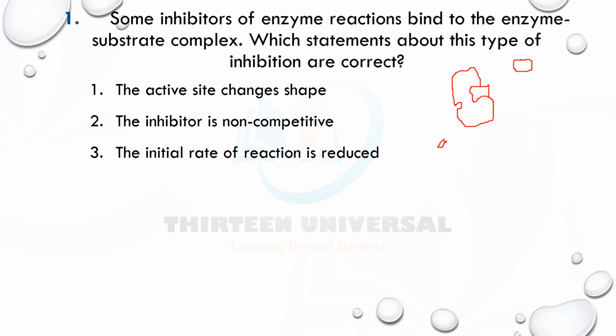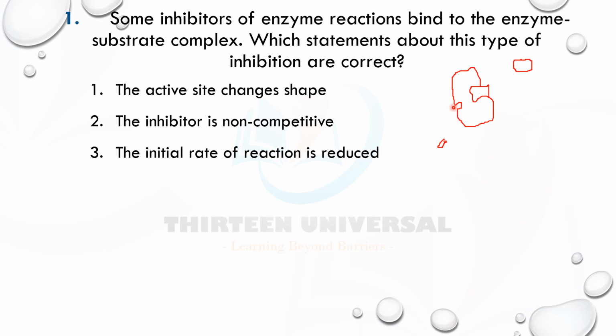The inhibitor can still bind to the enzyme-substrate complex. See, this is the substrate that's attached, this is the enzyme. This is the enzyme-substrate complex, and this is the allosteric site where the inhibitor binds.